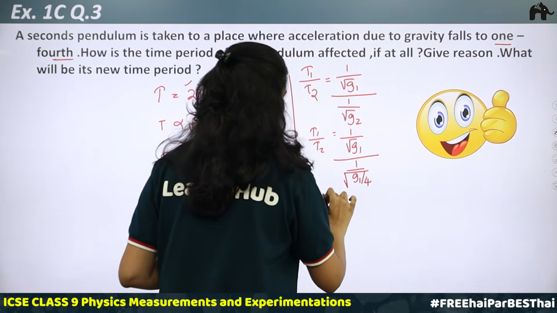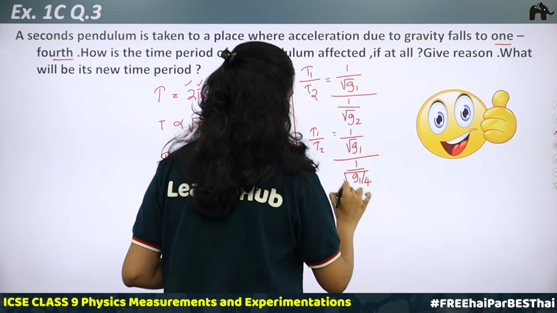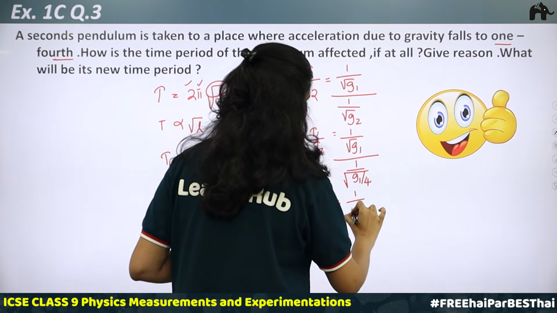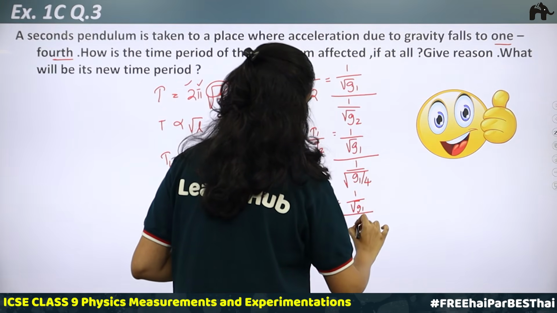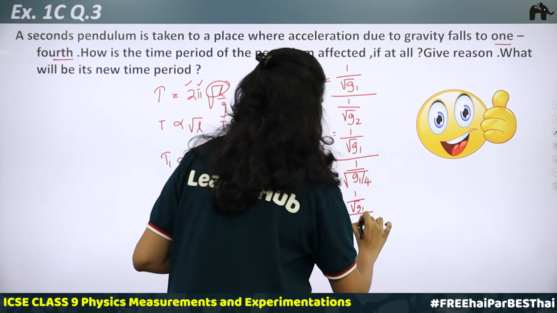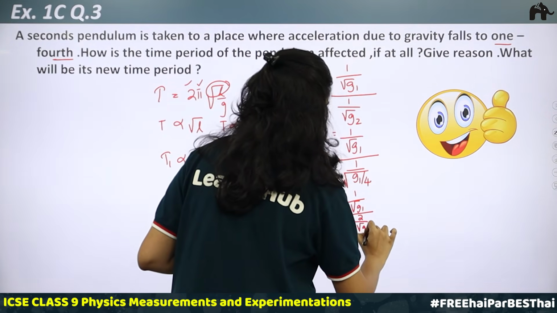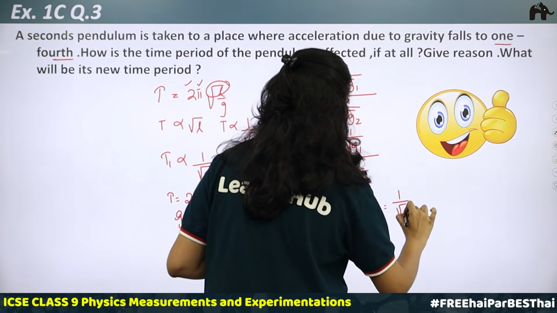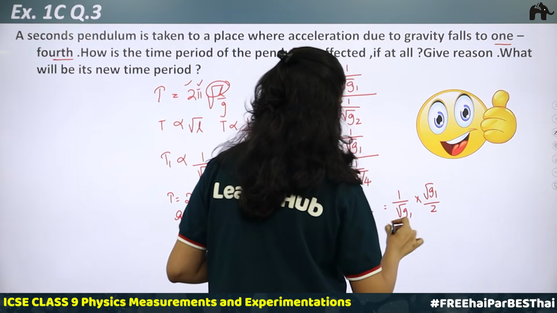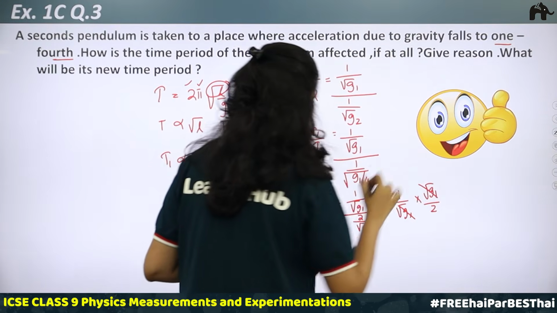So T1 by T2 is equal to, taking the reciprocal of this part, 1 by root g1 divided by root 4 by root g1, which is 2 by root g1. Root g1 gets cancelled.